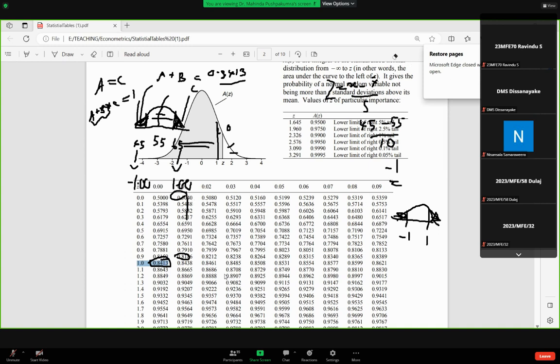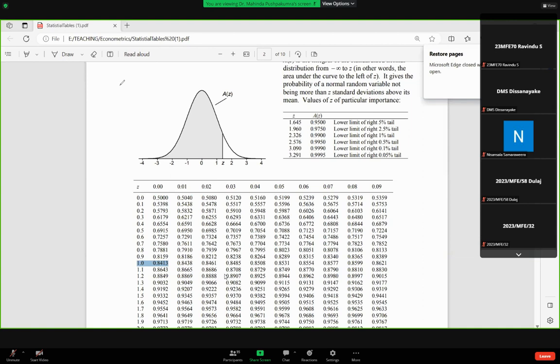Similarly, you can check quickly. I will give some examples. If the Z value is minus 2, what is the probability here? And Z from minus 3 to plus 3.